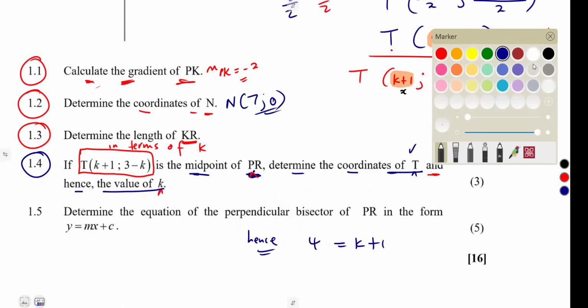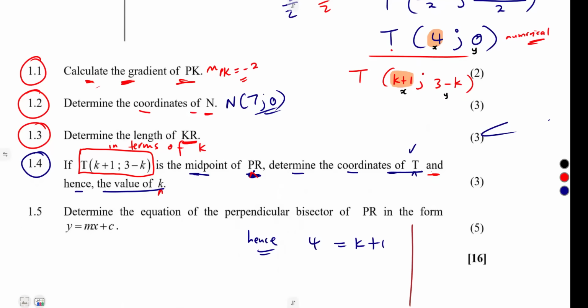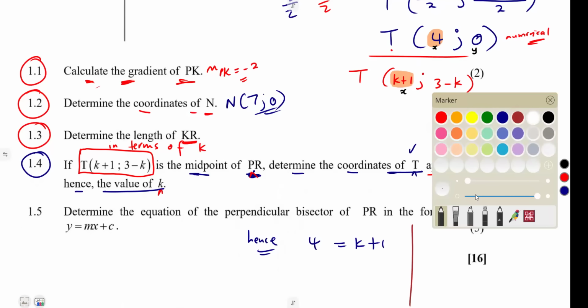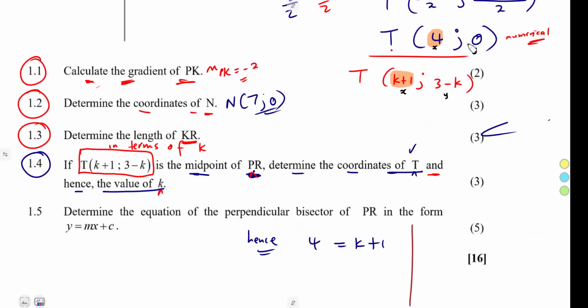Or you could have formed an equation from the y values, equating the y values of the same point T. The y value is 0. What about here? The y is represented by 3 minus k.